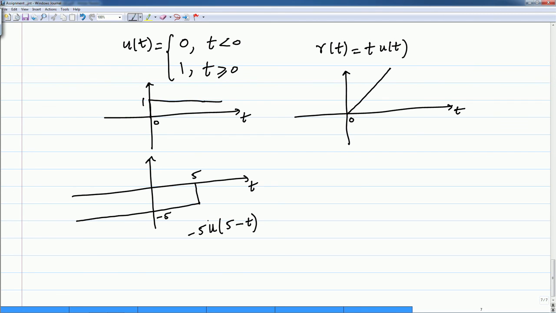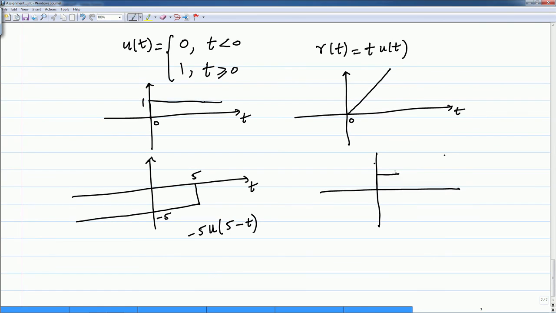Okay, so this is a signal which is again piecewise constant. It stays constant at minus 5 and then it comes down to 0. So this would satisfy this equation. So you have several such things. For instance, one might want to write something like this.